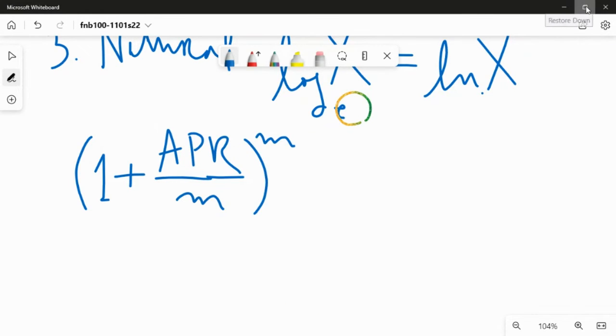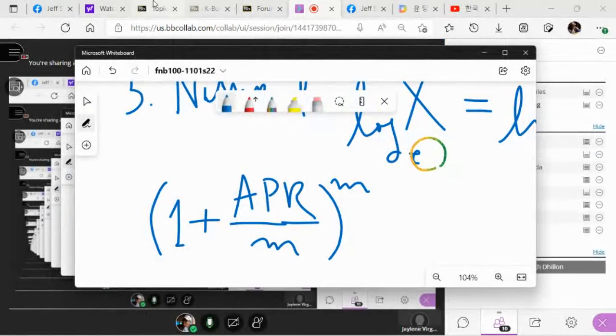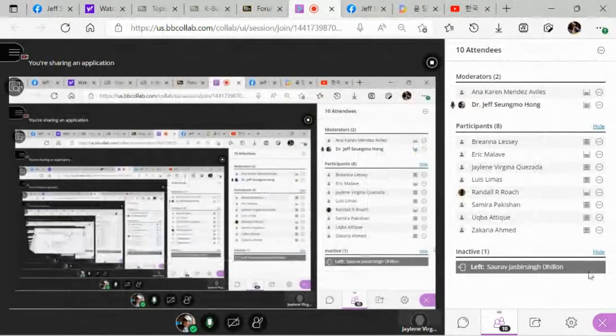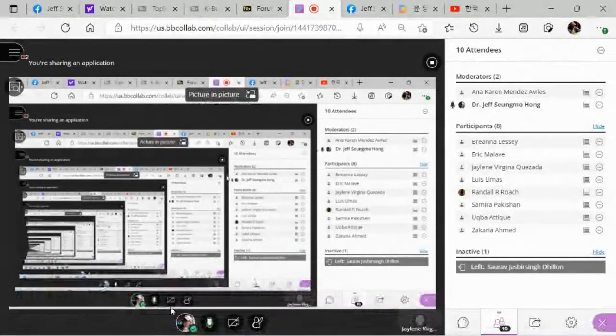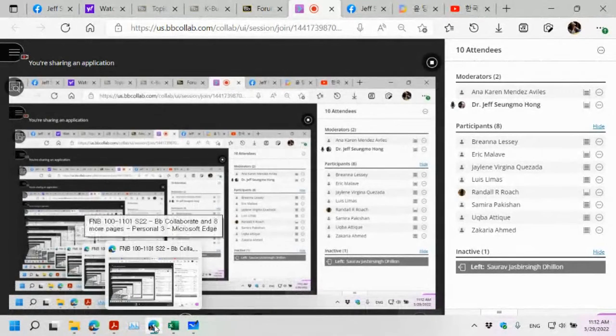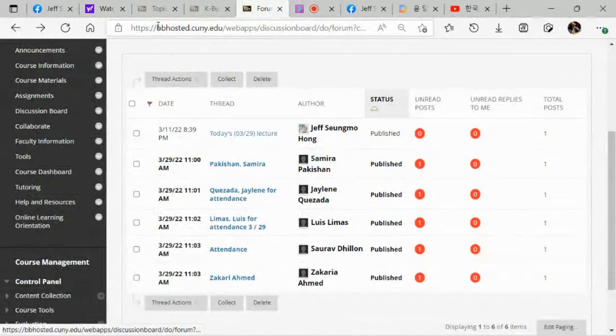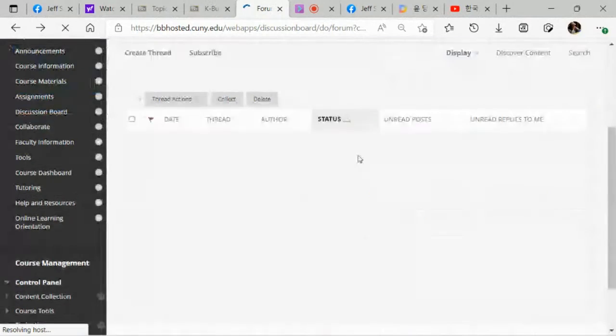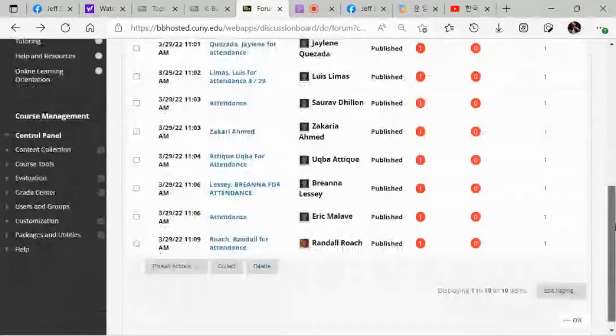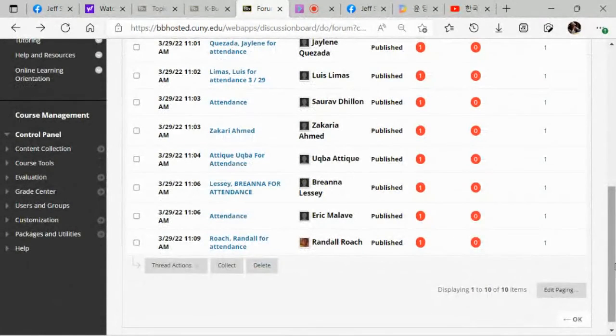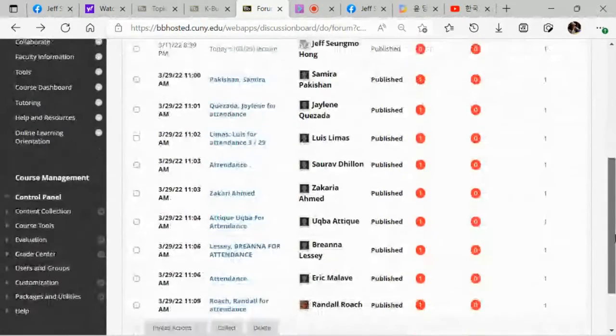APR is, of course, annual percentage rate, right? Annual percentage. I have, let's say, 8 people, and I also have, let's see, I have 10 here. I mean 9.